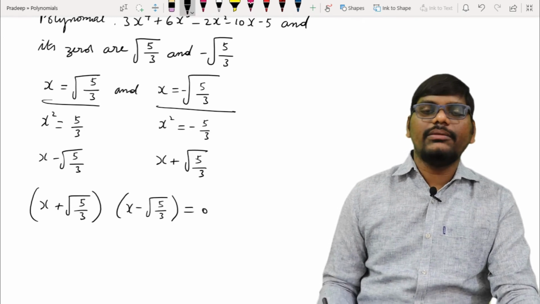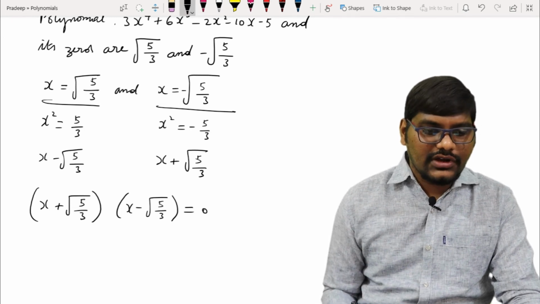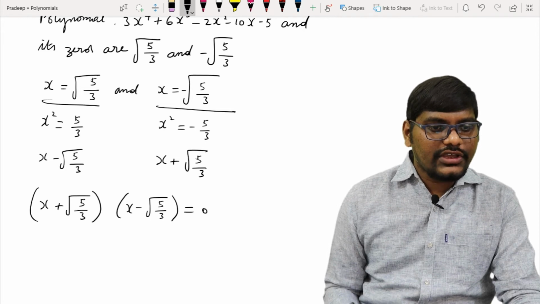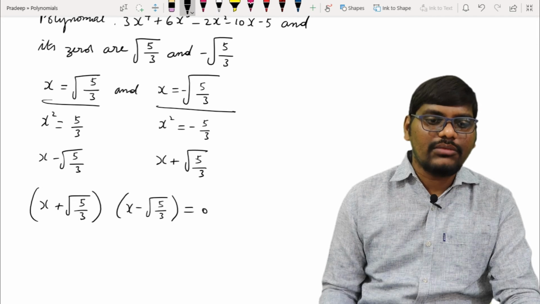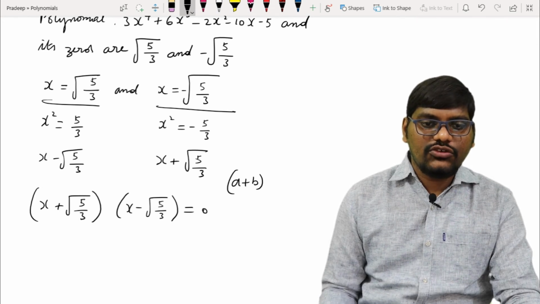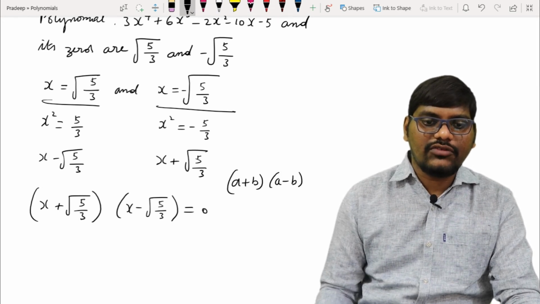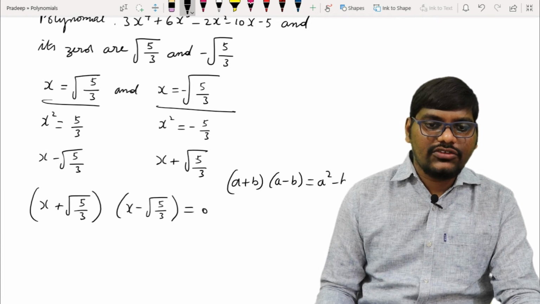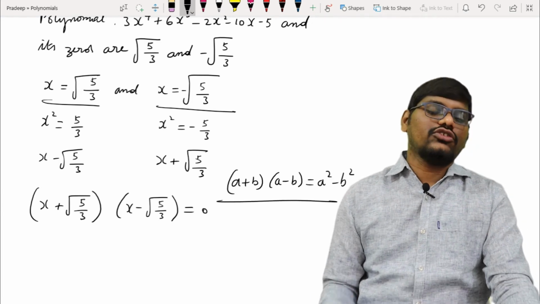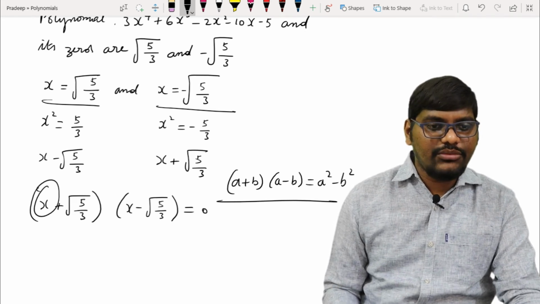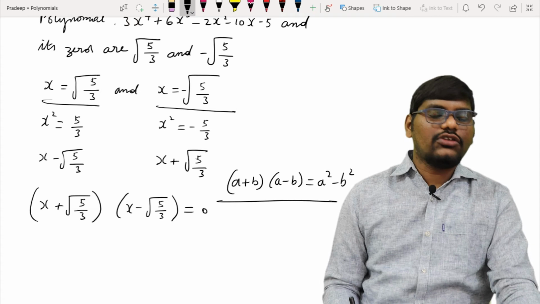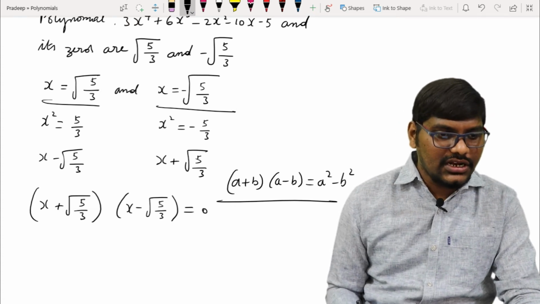We take it equal to 0 and solve. Now this is in the form of a plus b into a minus b, right? So what is the formula? A plus b into a minus b is nothing but a square minus b square. The same thing applies here, where a is x and b is under root 5 by 3.